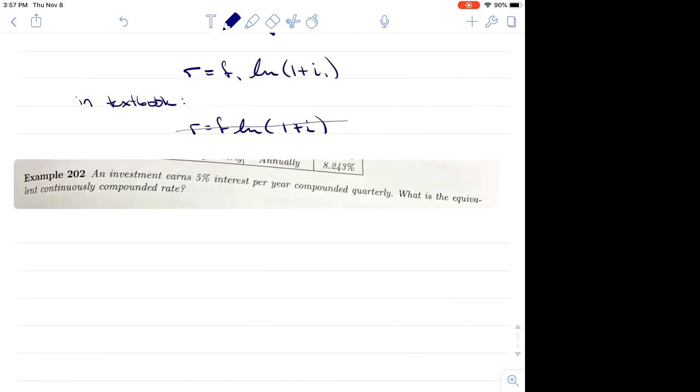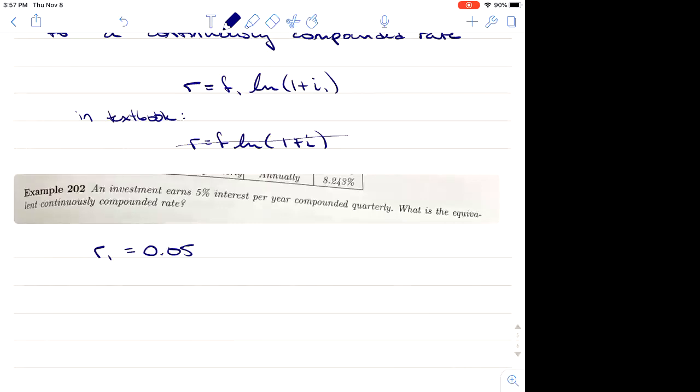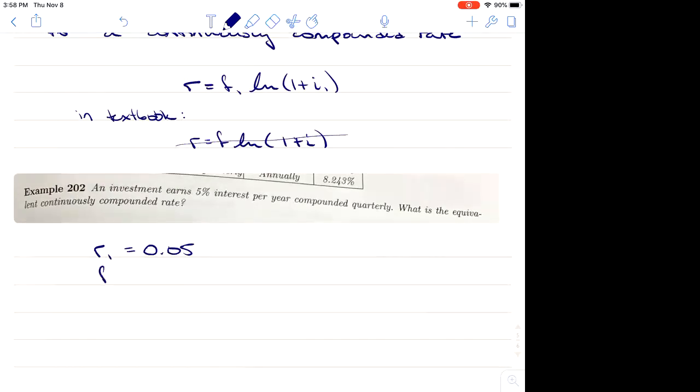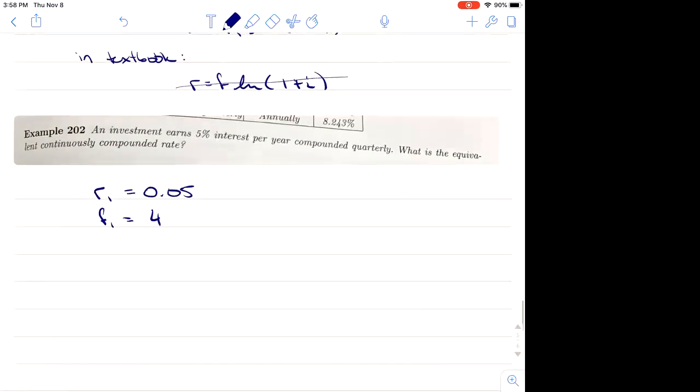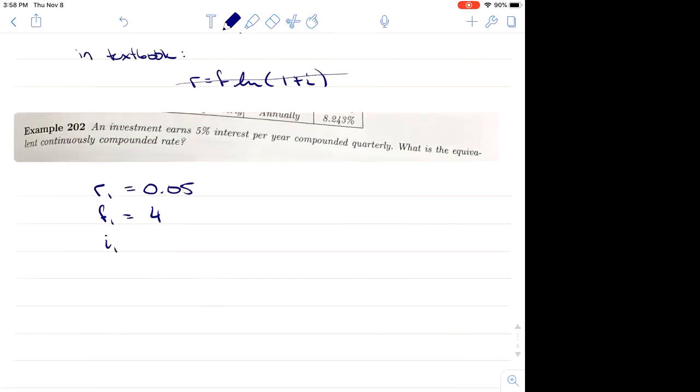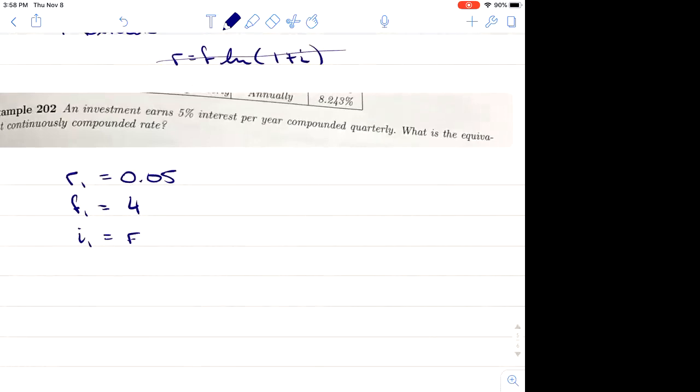But first, we have R1, 0.05, and F1 is 4, compounded quarterly. And before I forget, I'll just calculate I1 is R1 over F1, 0.05 over 4. Let's call it 0.0125.